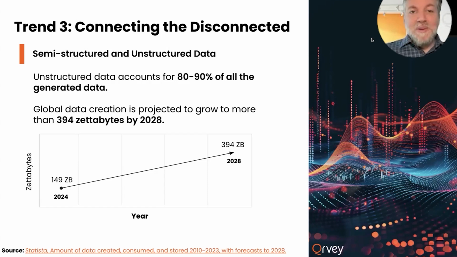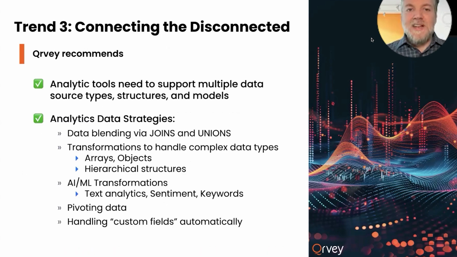And I probably don't have to tell folks on the webinar today that the amount of data is just growing exponentially, predicted to be nearly 400 zettabytes of data by 2028. So there's going to be more and more data that we have to contend with. And most of that data is going to be either semi-structured or unstructured data that if you don't have a good strategy for figuring out how to work with that, obviously there's going to be a lot of missing data from the possibilities within your analytics in your applications.